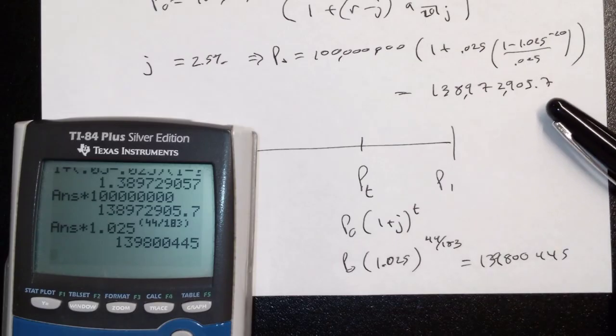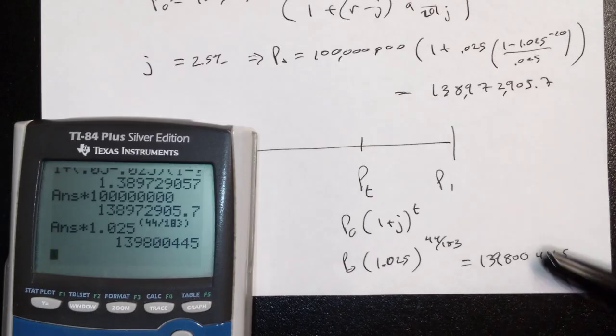This price that we computed, that's typically referred to as the quote price, the market price, the clean price. This price is our actual price.